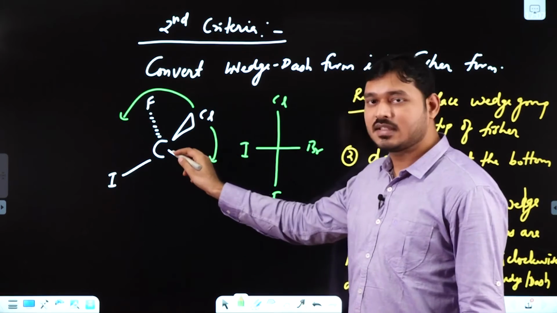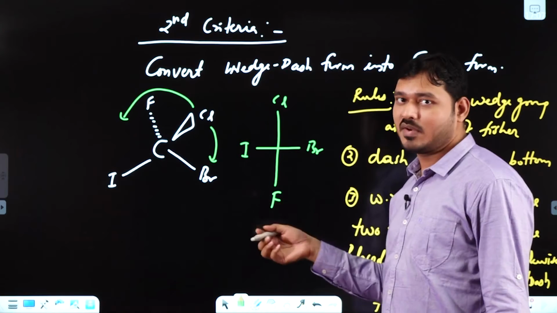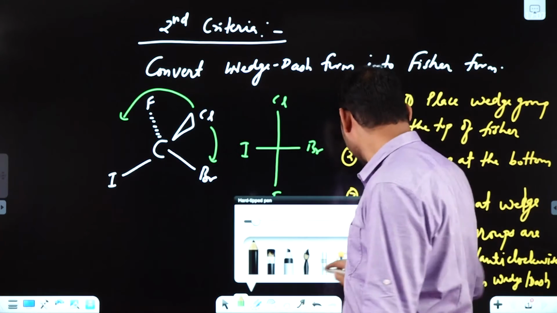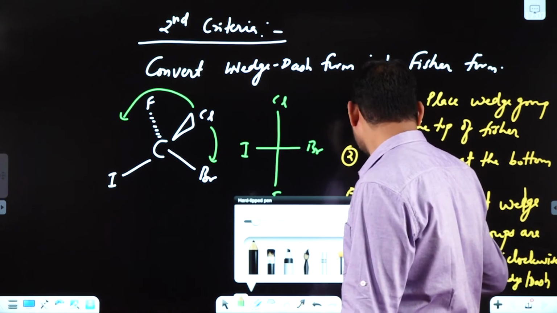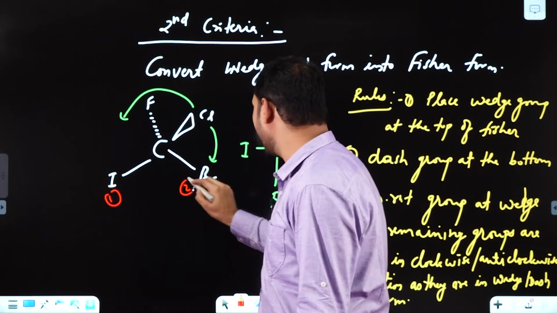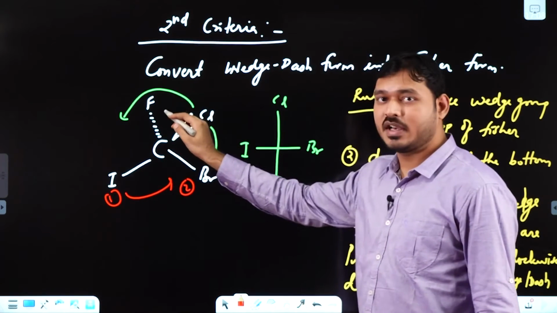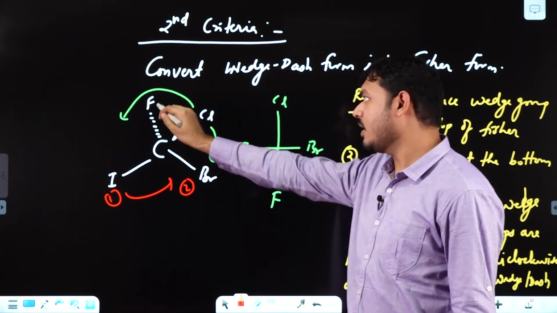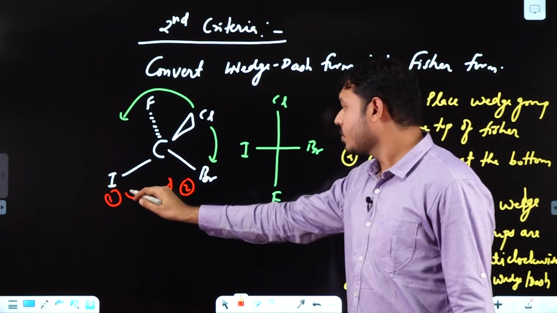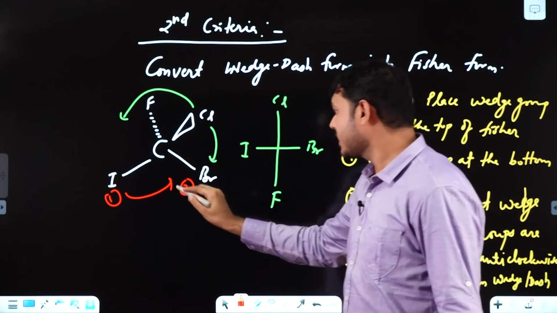If RS in this and in this is the same, then you can simply say that your interconversion is perfect. So let's check it. Priority wise, iodine 1, bromine 2, so it is anti-clockwise, and the lowest priority group is at dash position. So anti-clockwise rotation, dash position, it is S configuration.